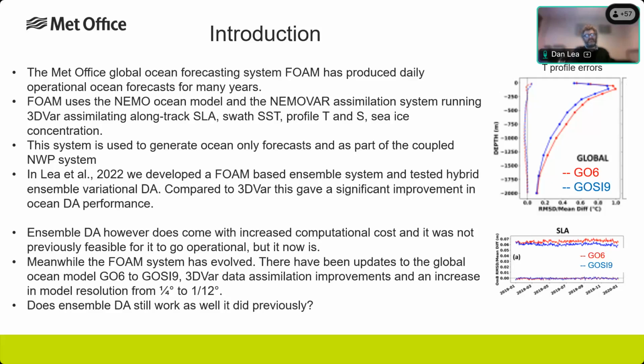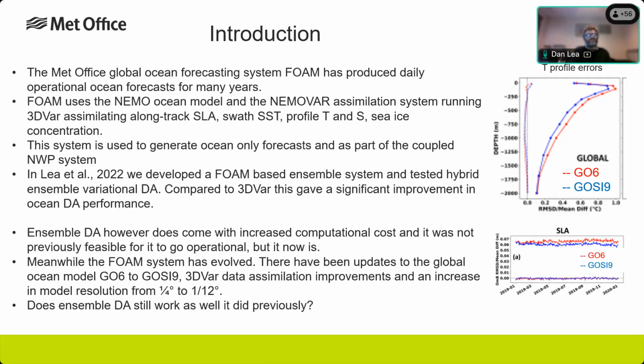Meanwhile, the system itself has evolved. There have been updates to the global ocean model from GO6 to GOSI9, improvements to the 3D-Var data assimilation, and an increase in the model resolution from 1/4 degree to 1/12 degree. These plots show the improvement from the GO6 version to the GOSI9 version, including the data assimilation improvements: a substantial reduction in the temperature profile RMS errors, and similarly for the sea level anomaly.